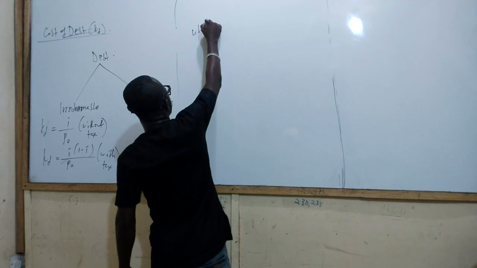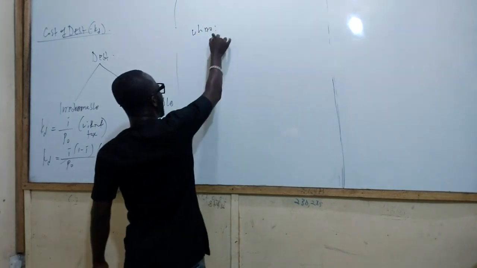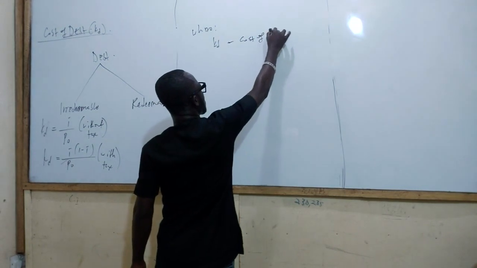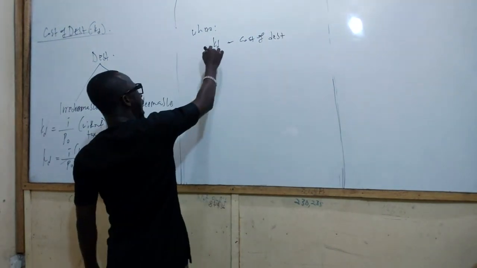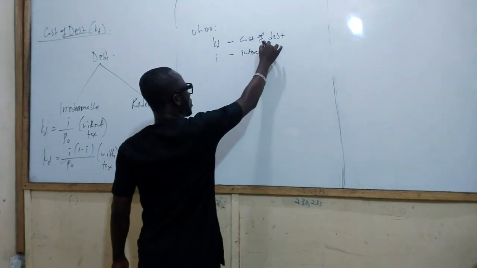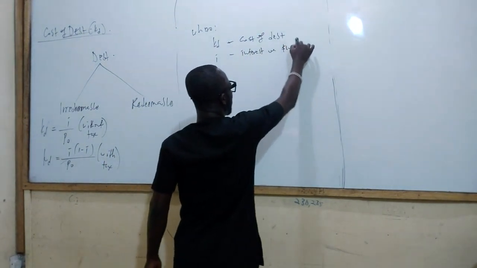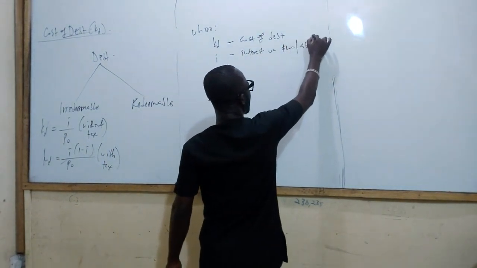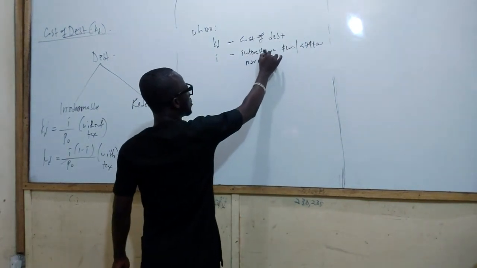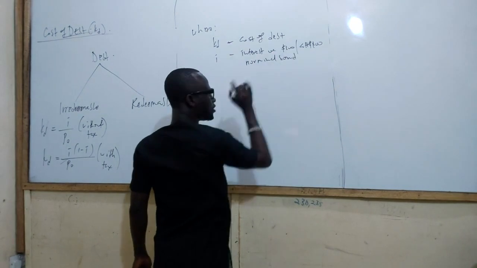So where KD is cost of debt, I is interest on $100 or 100 Ghana cedis nominal bond. That is very important.